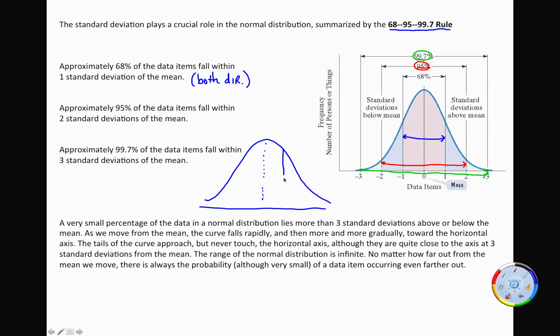I'm going to draw my 68% within 1 standard deviation of the mean. And then I'm going to have 2 standard deviations of the mean that I know is going to be 95%. And then 3 standard deviations of the mean, 99.7.